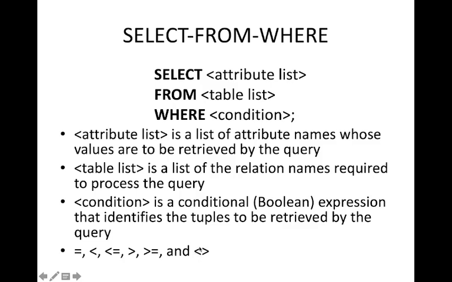Here, the less than and greater than symbols should be given for not equal to. If you want to specify some condition as not equal to, you have to use this operator. That's the only change in the relational operators.